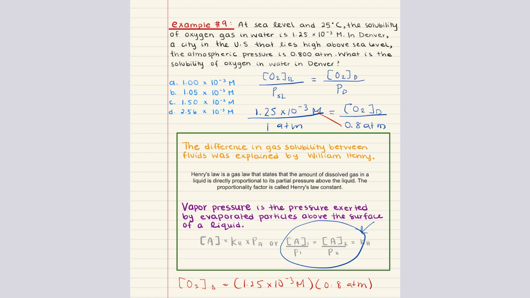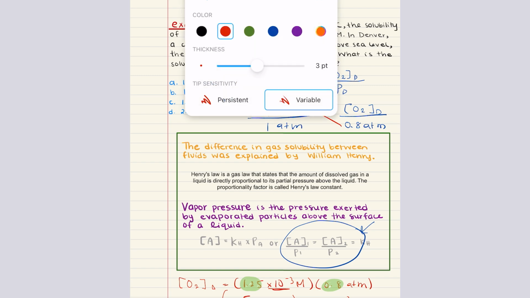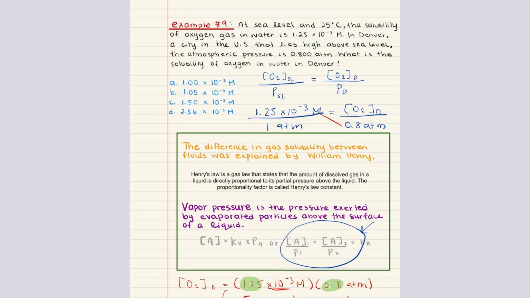Now, how are we going to solve this calculation? What I'm going to do is rewrite these values as fractions. So 1.25 can be written as 5 over 4, and 0.8 can be written as 8 over 10. And that's all going to be multiplied by this times 10 to the minus 3. We're not going to ignore that. But this becomes a lot easier of a calculation because we can do some simplifications. 4 and 8 are divisible, so 4 becomes 1, 8 becomes 2.